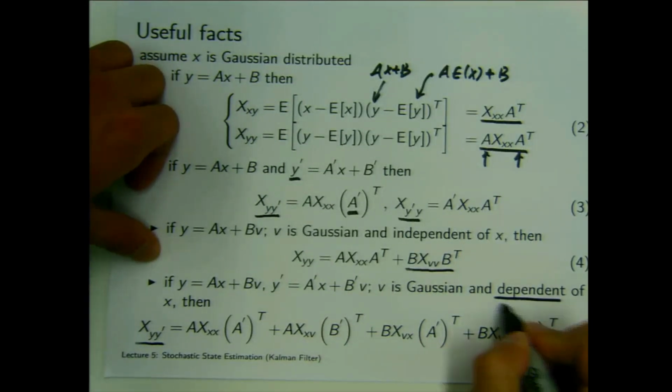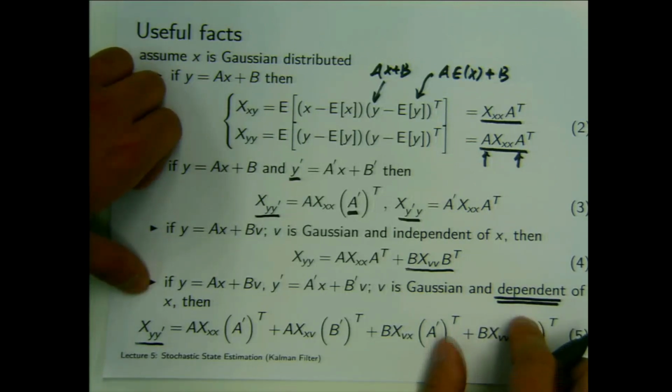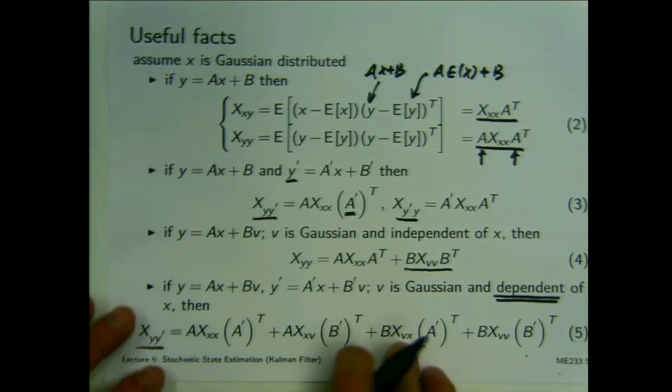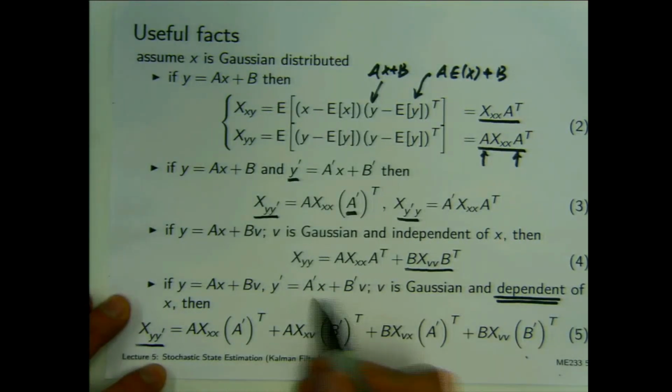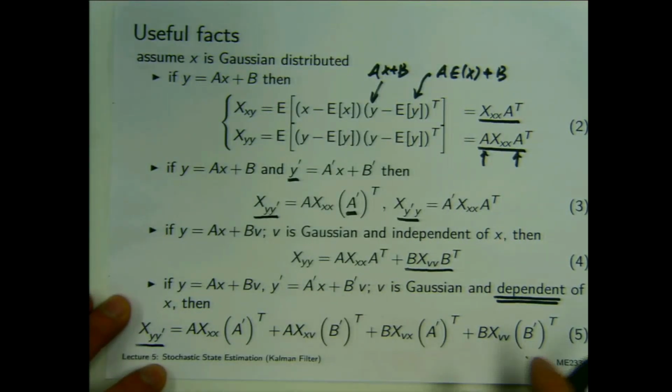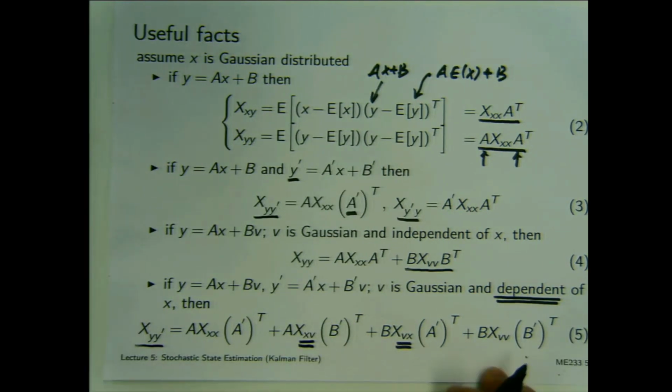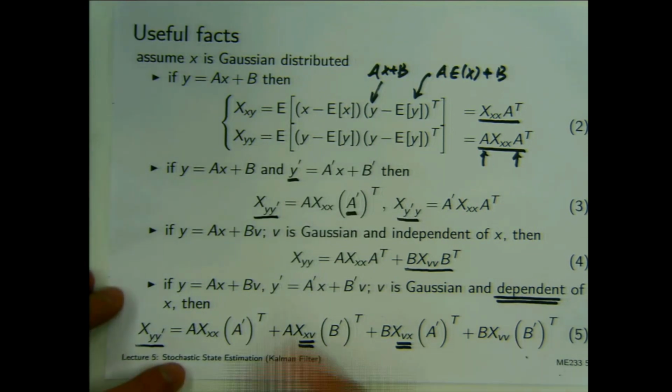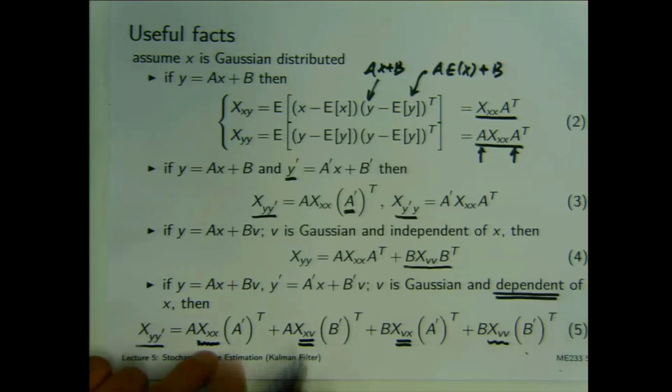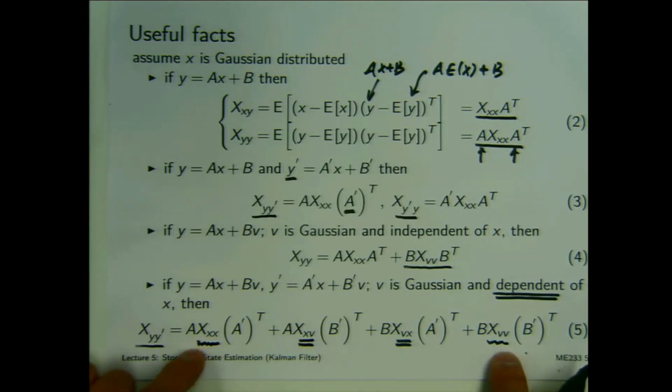Now V is dependent on X. If you think about the definition, we're going to have a cross product term between V and X because they are not independent. This is exactly the cross product term between V and X in the result here. The remaining result is similar to what we discussed before: it contains the covariance matrix of X and then the covariance matrix of V.